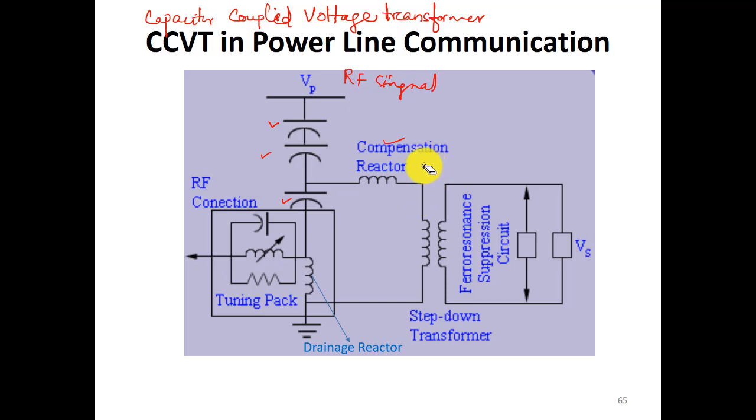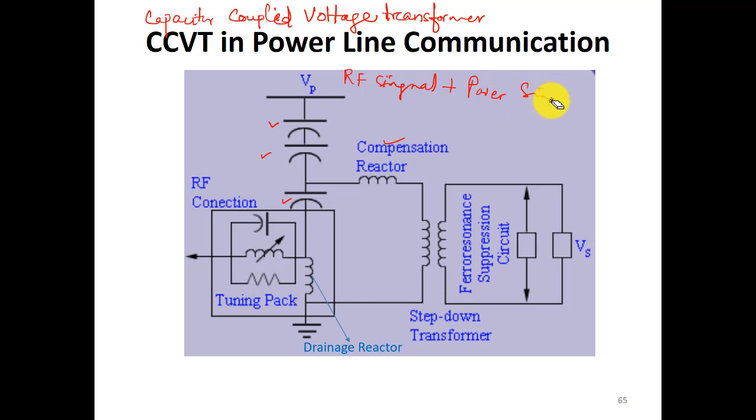So when the frequency is very high, what happens? These capacitances provide a low impedance path to the RF signal, not to the power signal. So we have two signals now in the transmission line: one is the RF signal and the other one is your power signal.